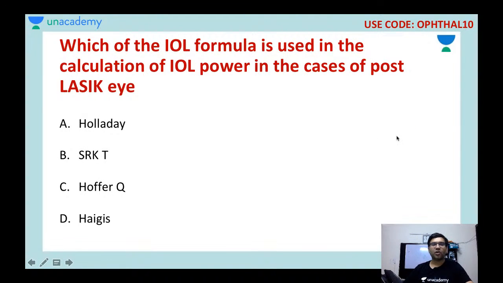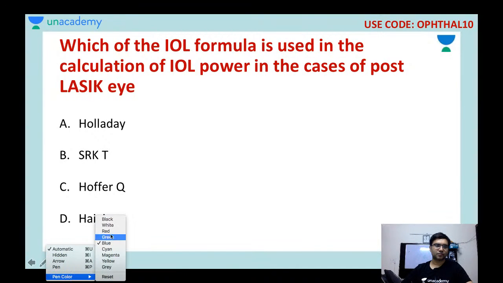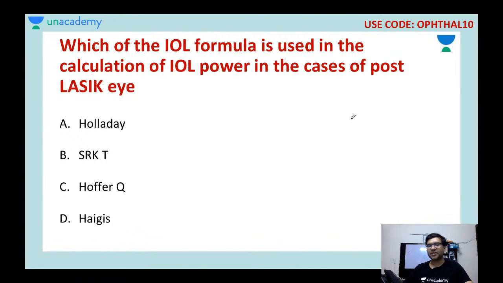Which IOL formula is used in the calculation of IOL power in cases of post-LASIK eye? This was a previous year AIIMS question. So the answer here is the Haigis formula.